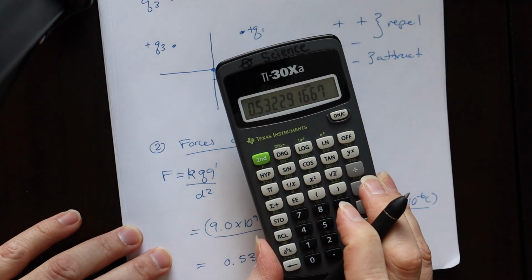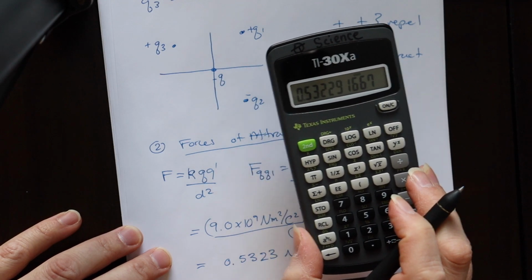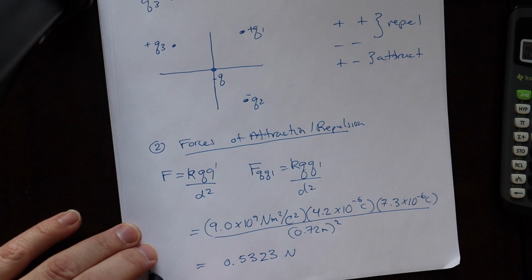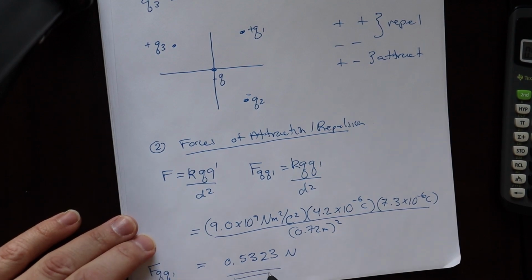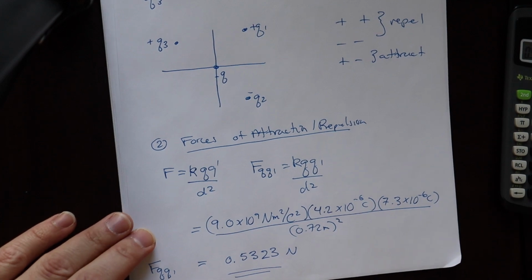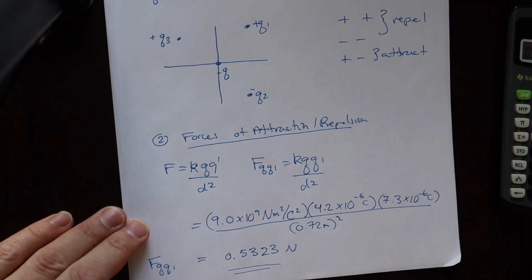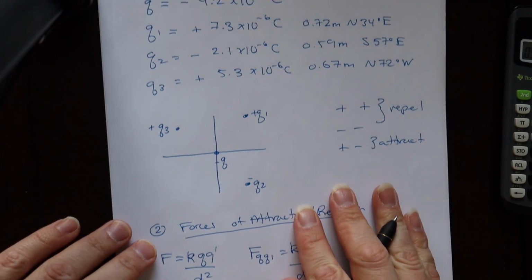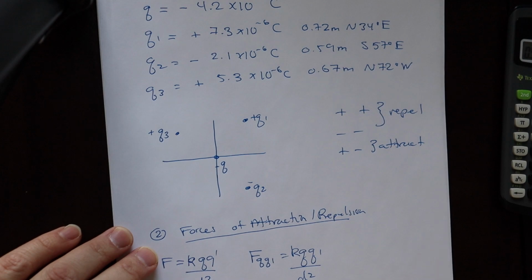Obviously we rounded a little bit. Our answer is going to be in 2 sig figs at the end, so the rule is usually 1 more decimal than you need. So I could have done 3, but I'm going to keep it to 4. So this means that the force between Q and Q1 is 0.5323 newtons. Okay, so what we have to do now is go through the rest of these charges and figure out the force between them.